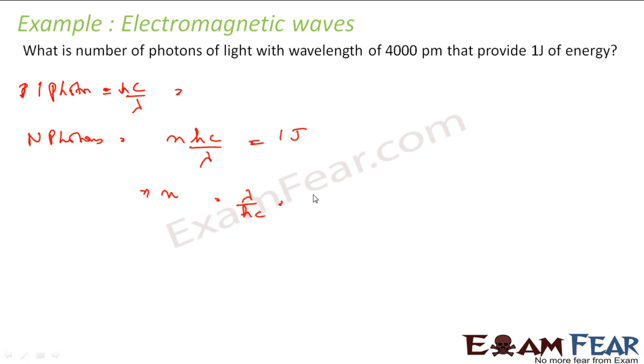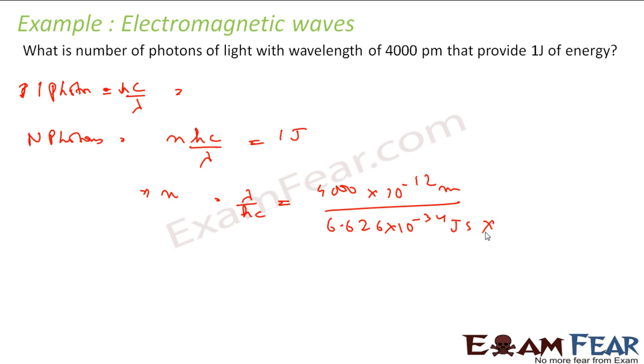Let's put the values. 4000 picometer, where 1 picometer is 10 to the power minus 12 meter, so I convert into meter. h is Planck's constant, 6.626 into 10 to the power minus 34 joule second, and c is the speed of light, 3 into 10 to the power 8 meter per second. If you solve this, you get 2.012 into 10 to the power 16. That is the number of photons required to produce 1 joule of energy.